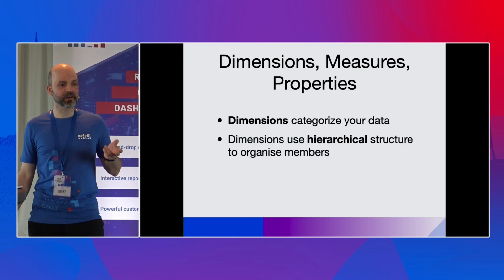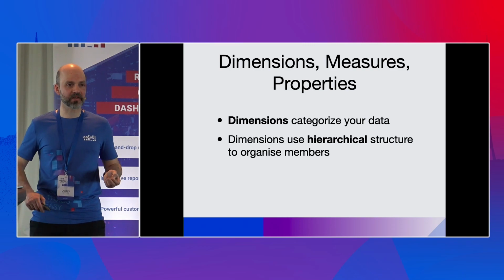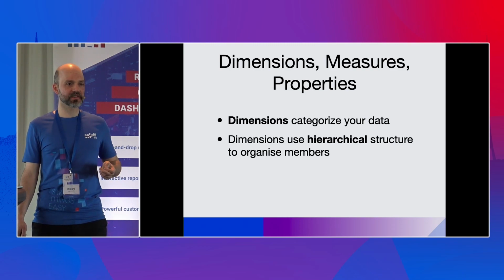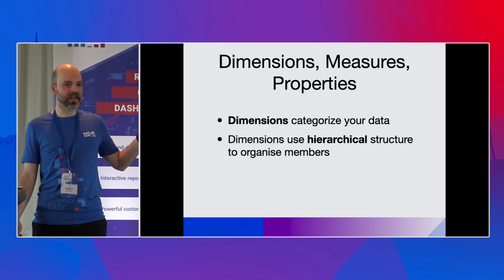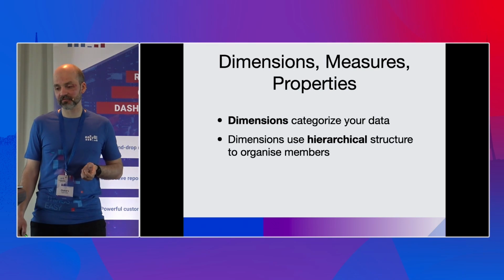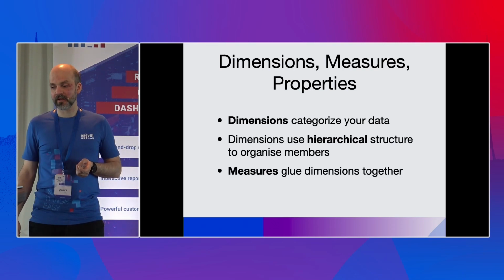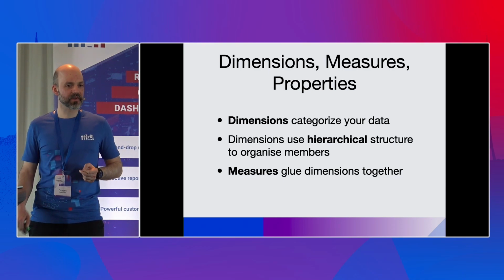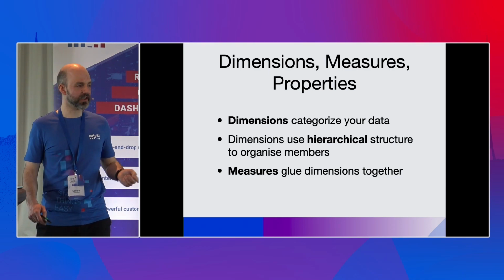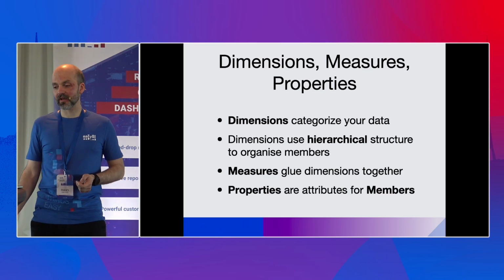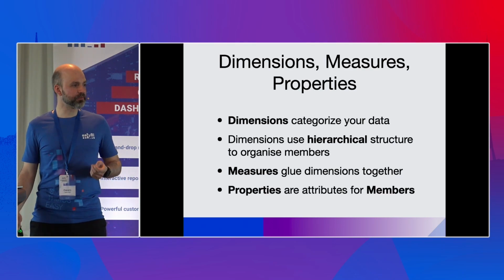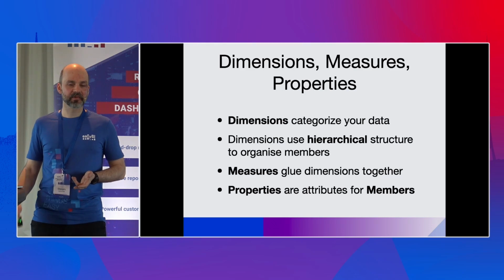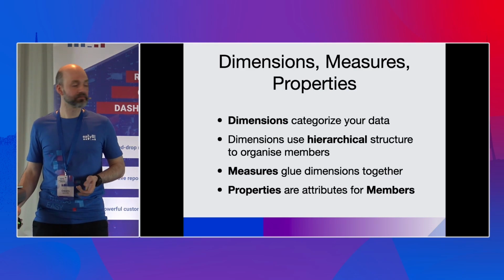Dimensions use hierarchical structure to organize members, to organize those categories in subcategories. Measures are the ones that glue dimensions together and provide you the actual result. And properties are attributes of members. When there is no member, there are no properties.